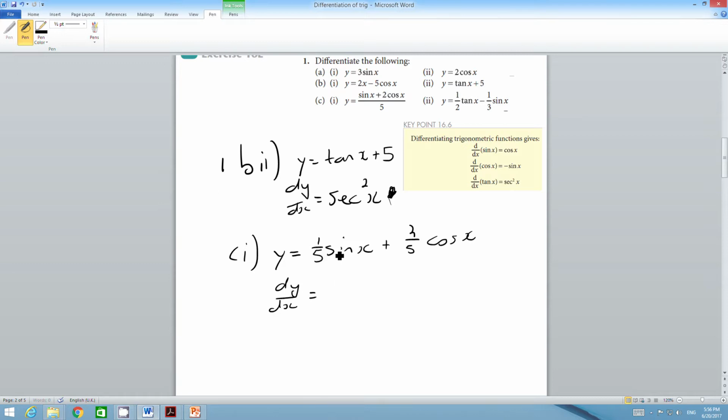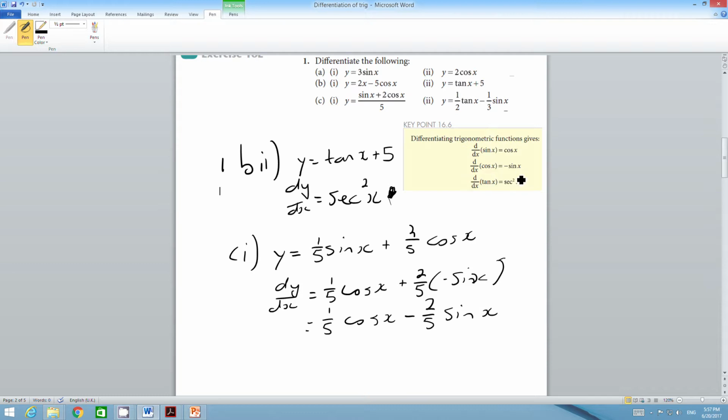The derivative of sine of x is cosine of x, so it's going to be 1 over 5 cosine of x plus 2 over 5, and now the derivative of cosine of x is negative sine of x, so it becomes 1 over 5 cosine of x, now plus a negative, so it's going to become minus 2 over 5 sine of x.